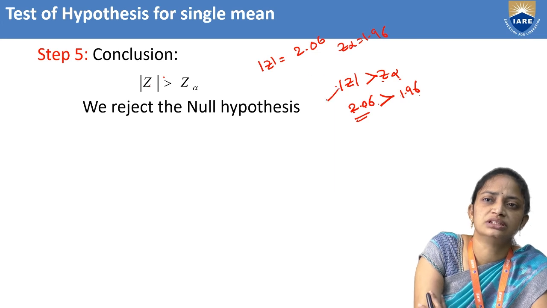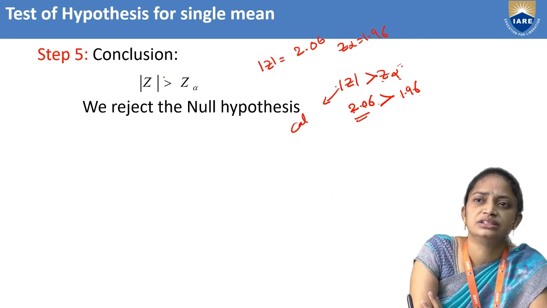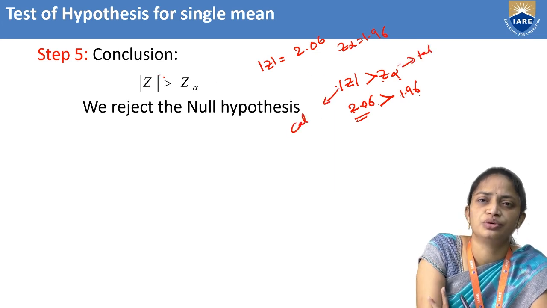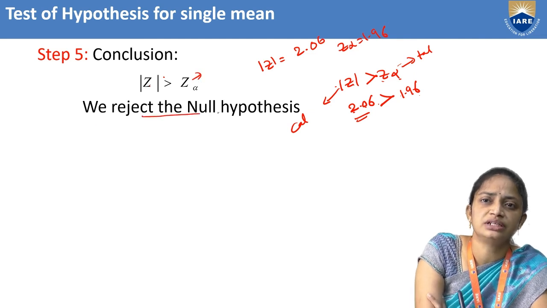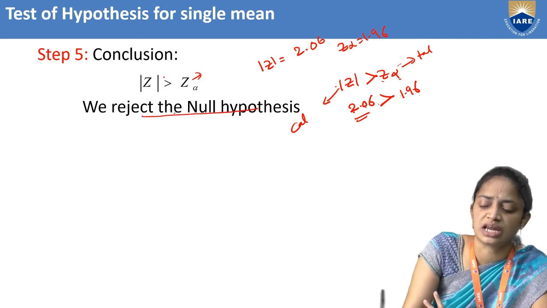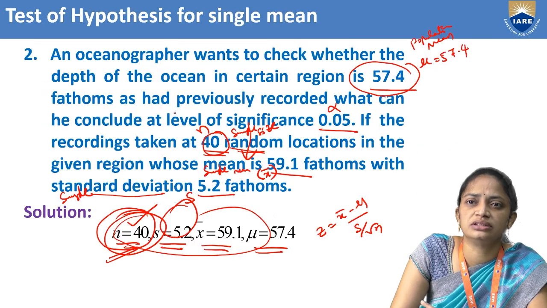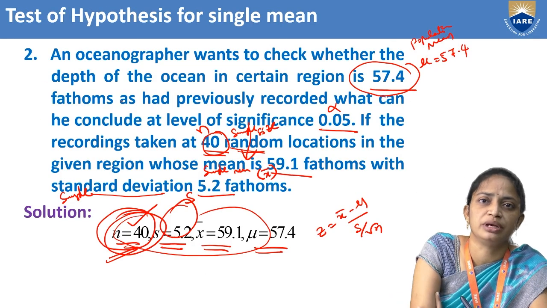This is the calculated value and this is the tabulated value. The calculated value is greater than the table value, so we reject H naught. We reject our statement, so the given statement is a wrong statement.